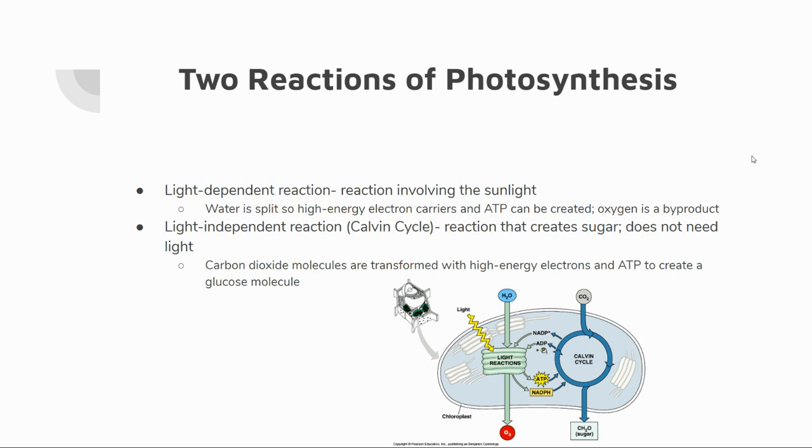It's a waste product. It's what's left over from splitting water. Then you have the light-independent reaction, also known as the Calvin cycle. This is the reaction that creates sugars and does not need light. Carbon dioxide molecules are transformed with high energy electrons and ATP to create a glucose molecule.